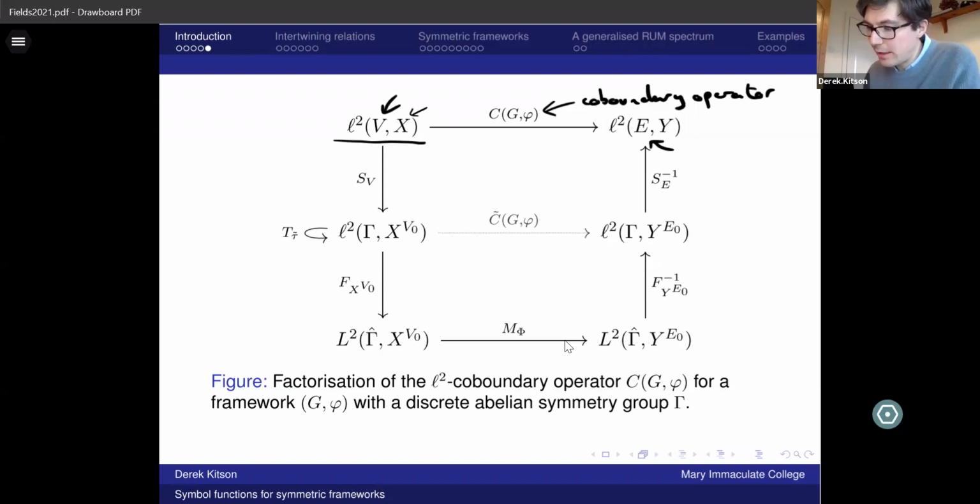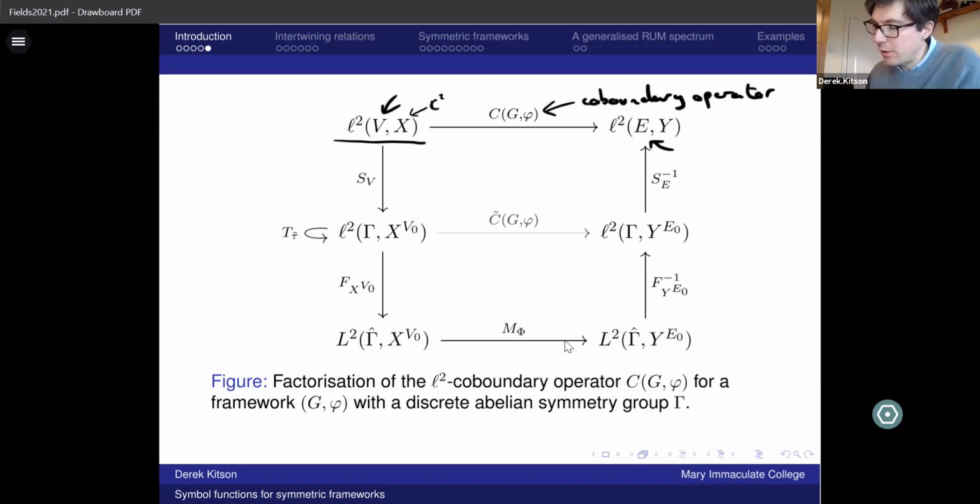So let's restrict our attention to square summable assignments of velocity vectors to our infinite framework. So that's what's going on there. So if your bar joint framework lives in R2, let's say this X here is probably going to be C2. The complexification of R2 here would be your space X. So you could put in C2 there if you like.